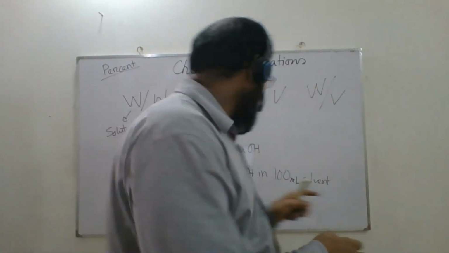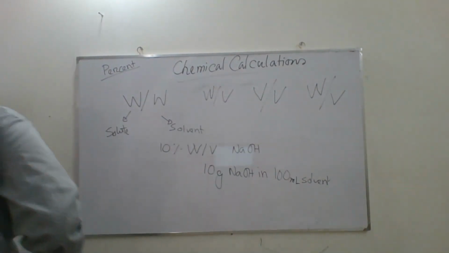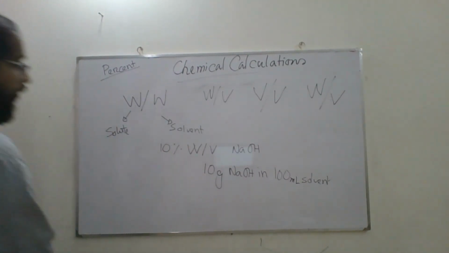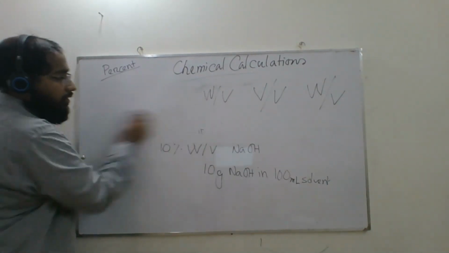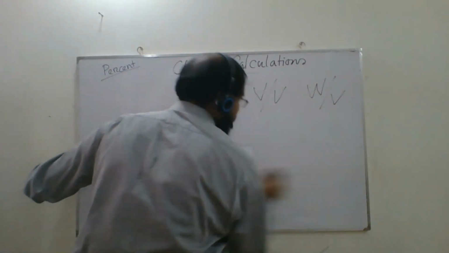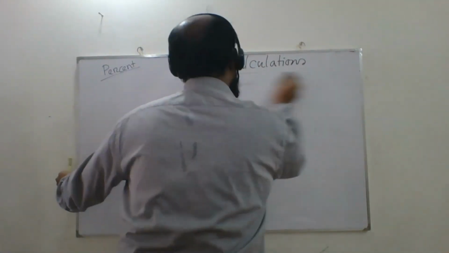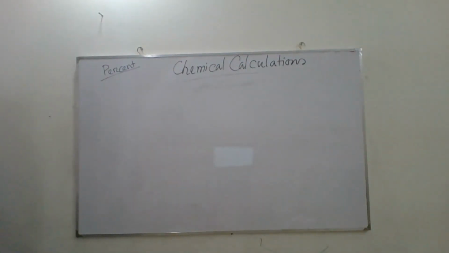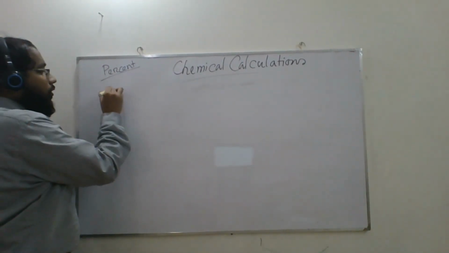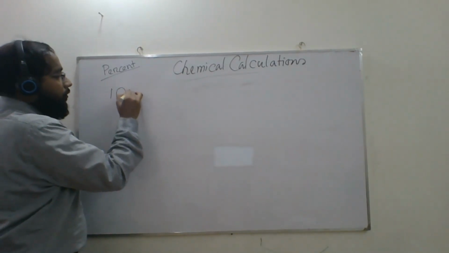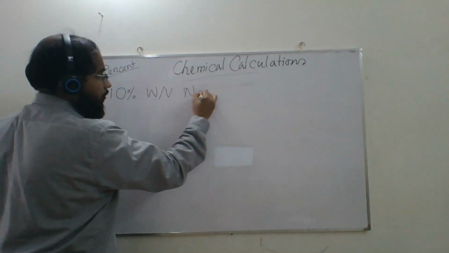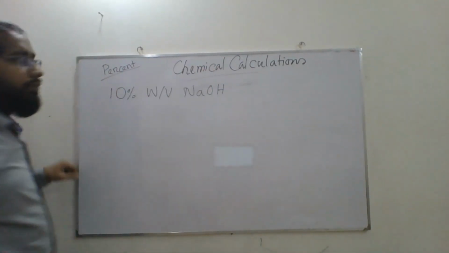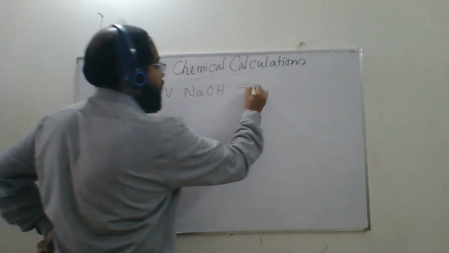Okay, so I will show you only one. Be concentrated here if you are a biology student. Now like the 10% weight by volume sodium hydroxide solution we used, what will be the concentration in molarity?